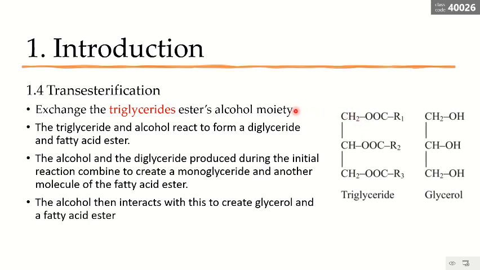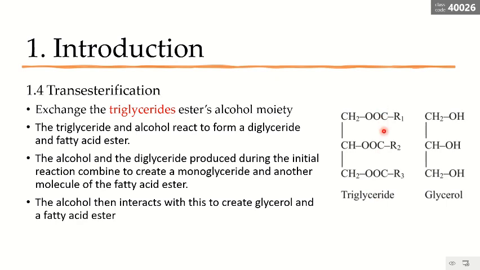If we read these four bullet points word by word, the second one is that triglyceride reacts with the alcohol and forms a diglyceride. Basically, they clip off one bond. And the di product can further clip one more to produce a monoglyceride. The monoglyceride can be further chopped down to another molecule of fatty acid ester.